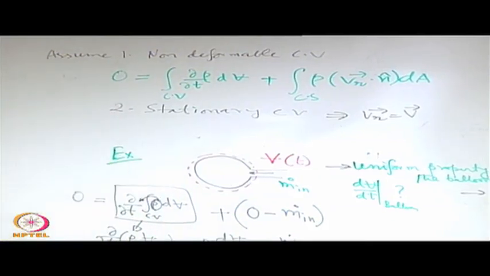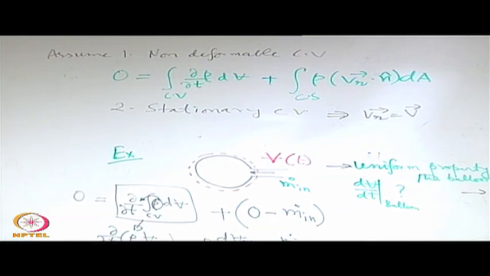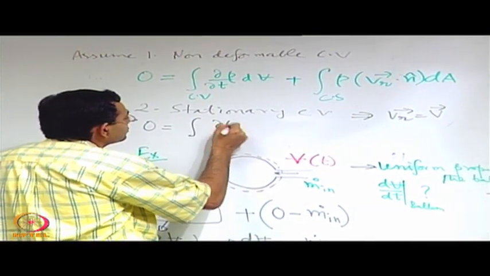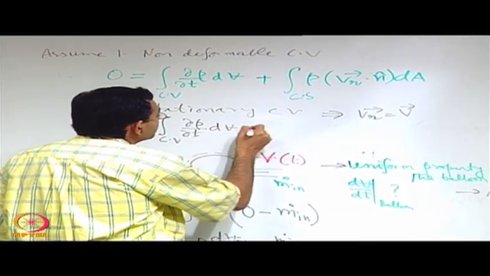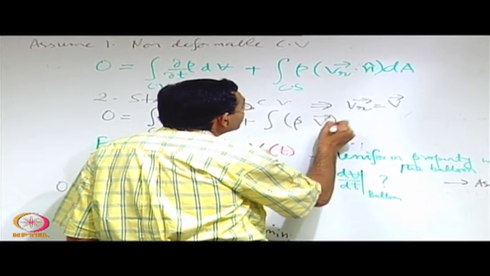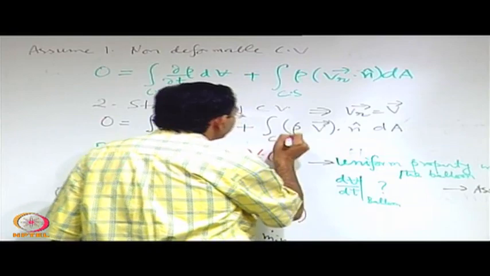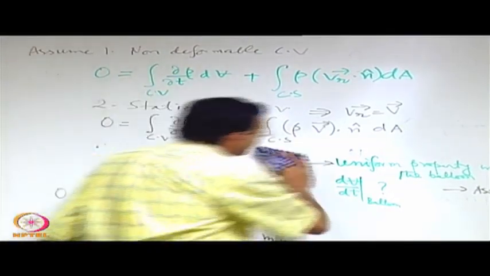The relative and absolute velocity are the same if the control volume is not moving. So, then the equation becomes plus integral of rho v dot n dA. Okay.